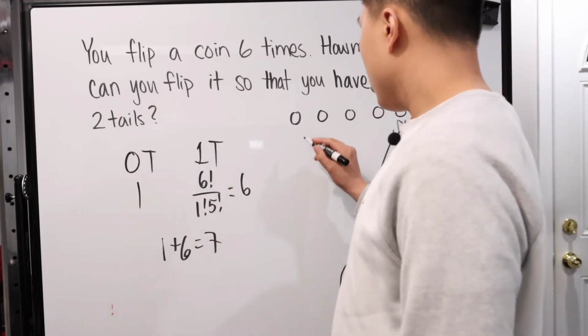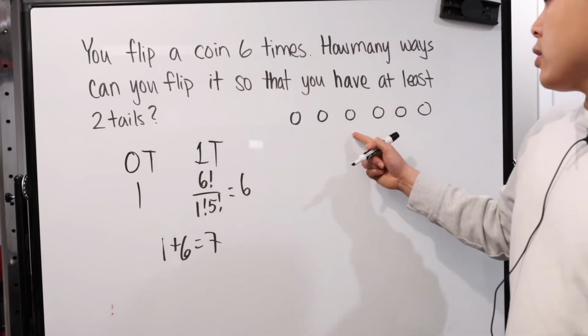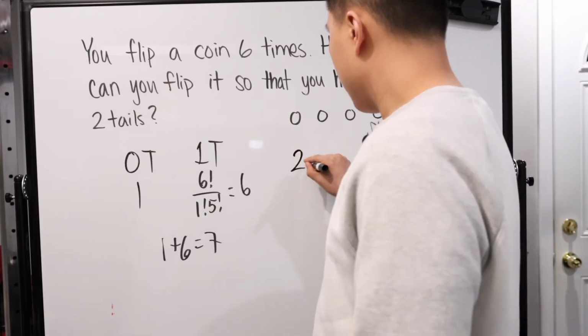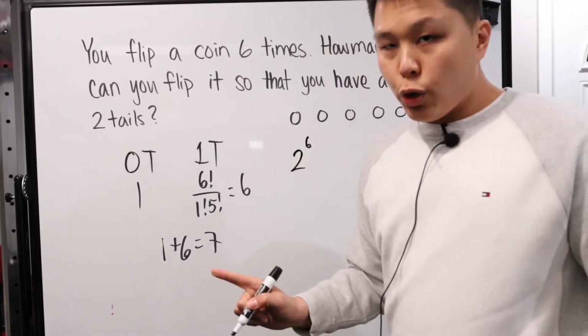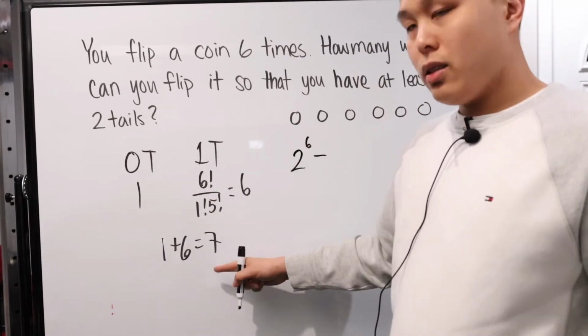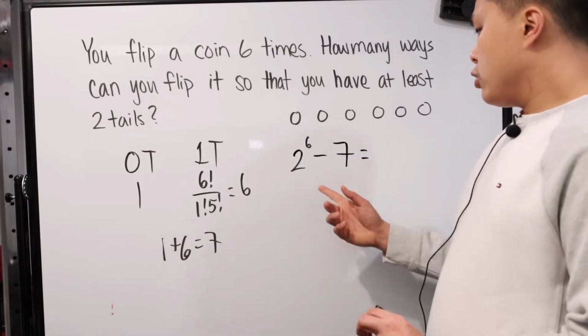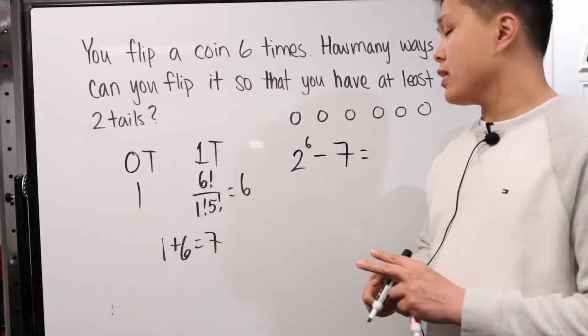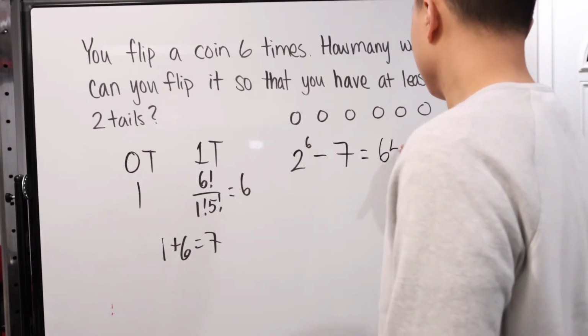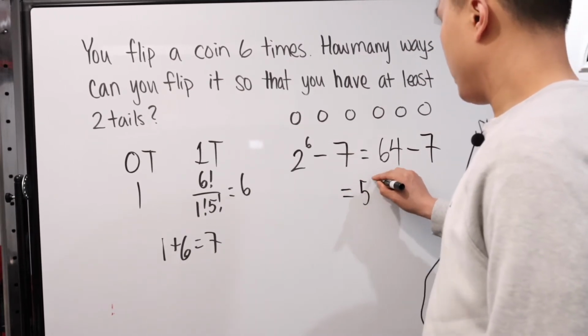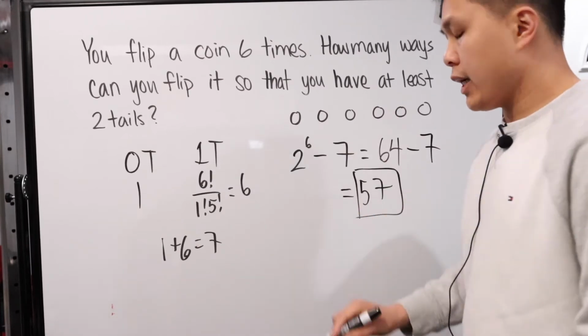So technically, there's 2 possibilities, 2, 2, 2, 2, and 2. Technically, 2 to the 6th power. And then we're going to subtract the one that we don't want. Simple as that, right? So 2 to the 6th power, very quickly, guys, 64. 64 subtract 7 is 57. And just like that, we once again have our answer.